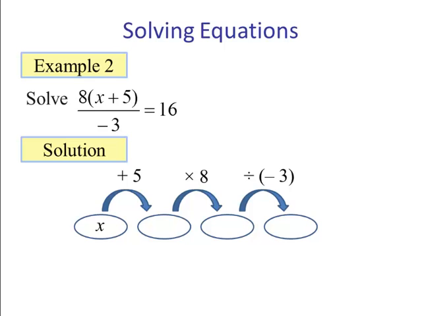So to unravel this equation, we are first going to start with our last step of the order of operation. We're going to multiply by negative 3. Then our next step is to do the opposite of multiply by 8, which is to divide. And then our last step is we're going to subtract 5.